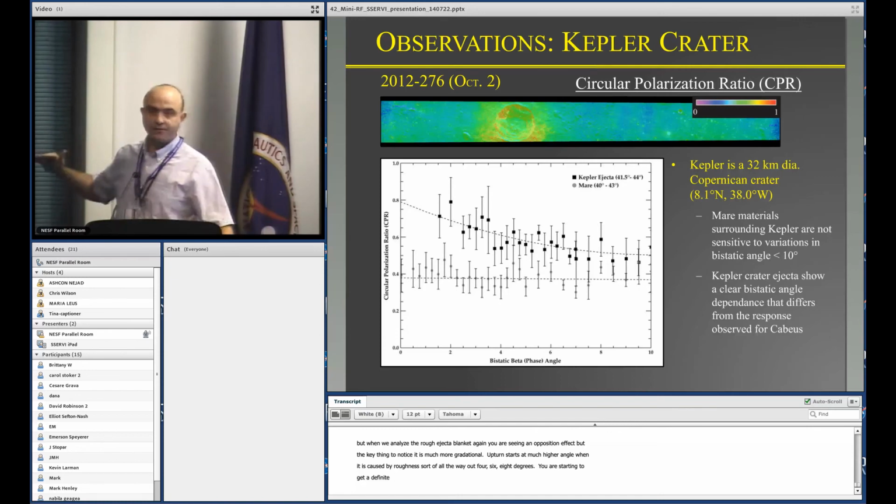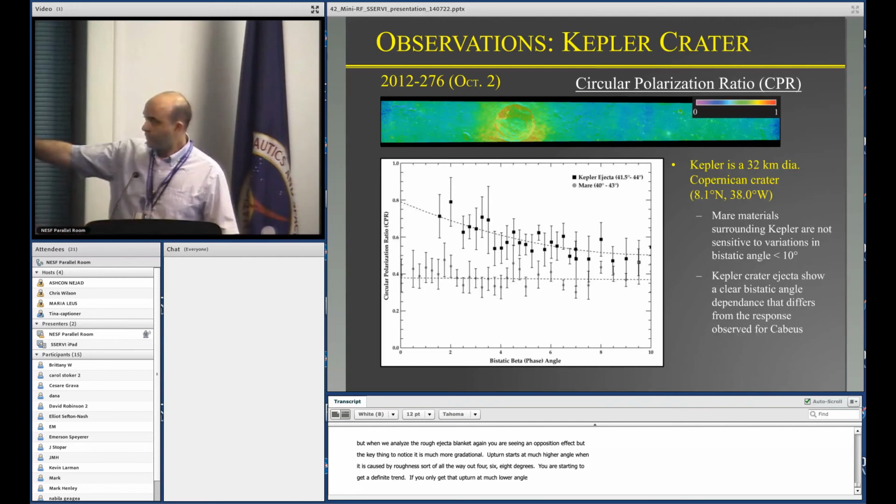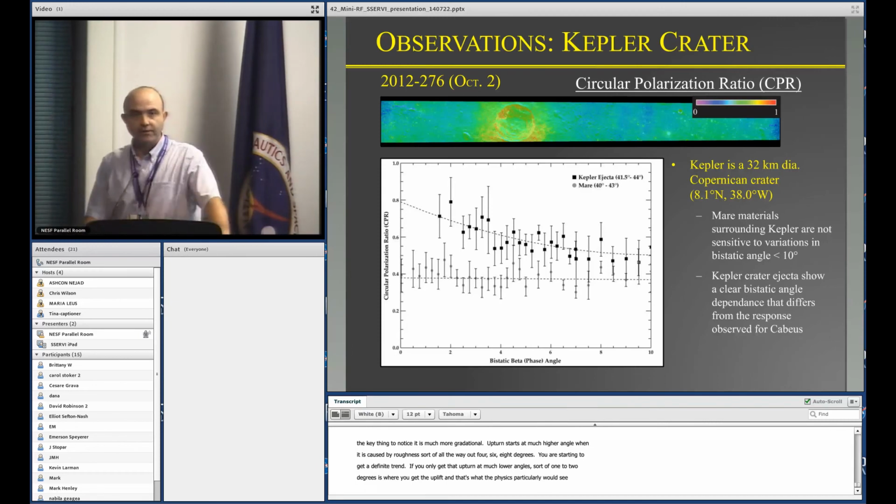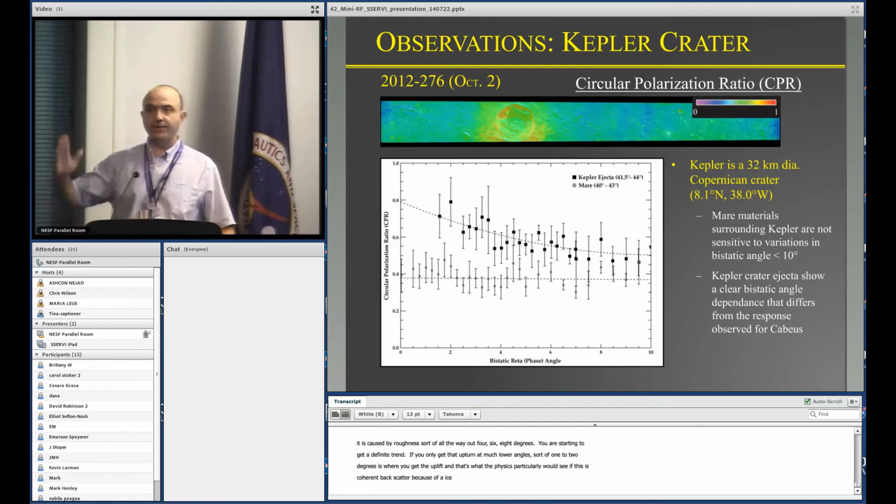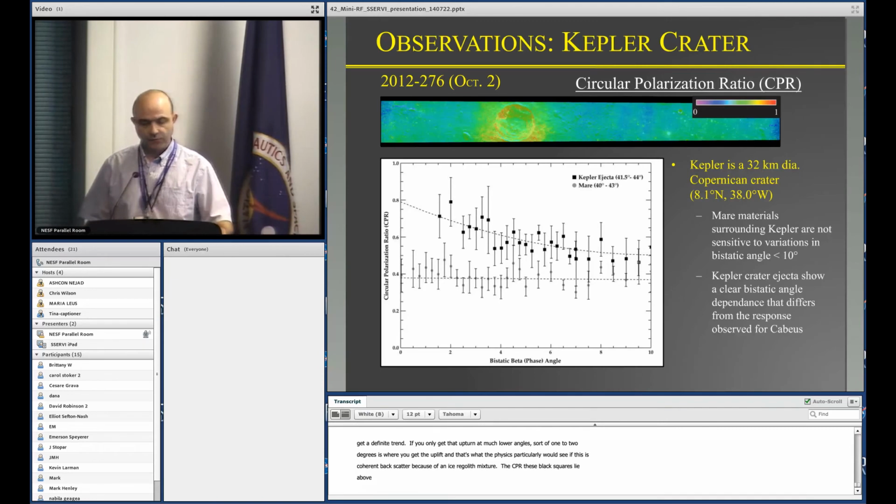The upturn starts at much higher angle when it's caused by roughness, all the way out at 4, 6, 8 degrees. You're starting to get a definite trend. Whereas with what we see inside Cabeus, you only get that upturn at much lower angles, at about 1 to 2 degrees. And again, that's what the physics predicts you would see if this is coherent backscatter because of an ice regolith mixture.